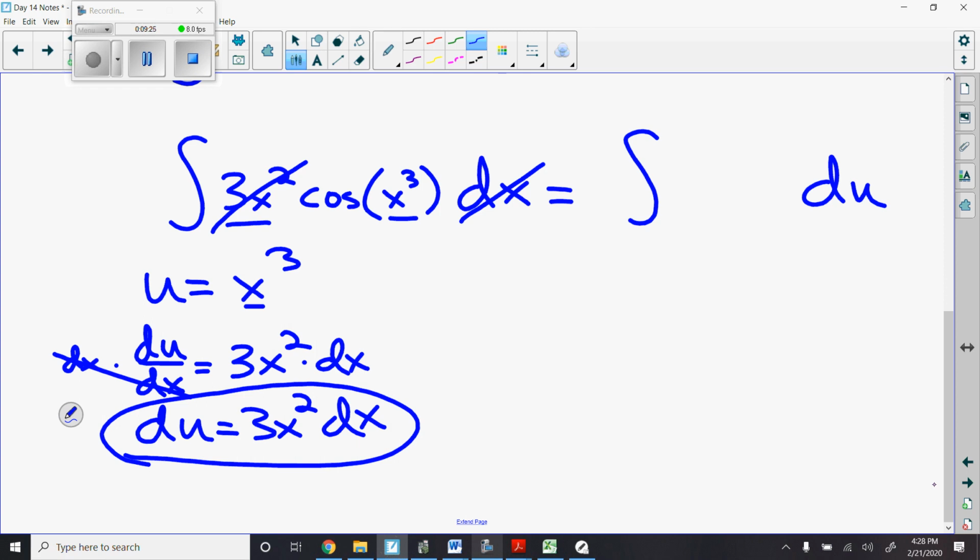Now notice that I never accounted for cosine. Cosine didn't show up in my u or my du, so it has to stay cosine. But I'm able to substitute in for x cubed, and I have that equivalency. It was the first one I wrote: x cubed is equal to u.